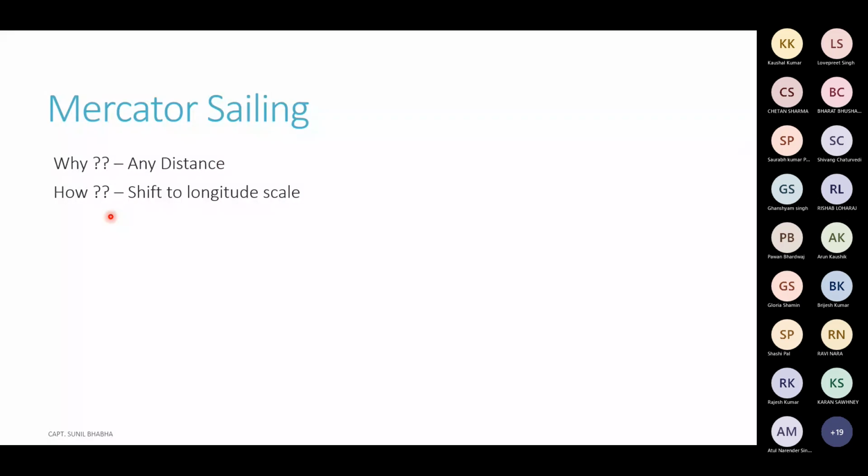If you remember, in the plane sailing triangle, the units which we used were the latitude scale units. Let me show you here. Let's consider this is our initial position A, and this is our final position B. Let's make the plane sailing triangle.